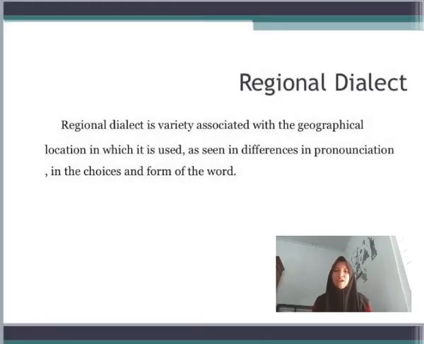There are two types of dialect. The first one is regional dialect. Regional dialect is a variety associated with the geographical location in which it is used, as in differences in pronunciation and in the choice and form of words.